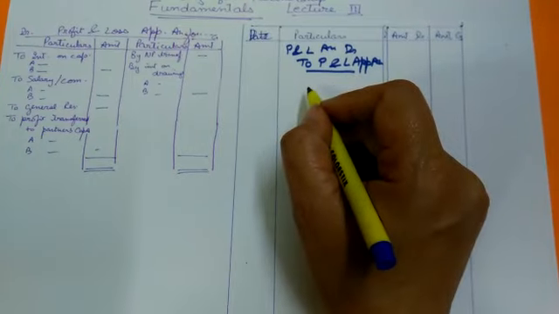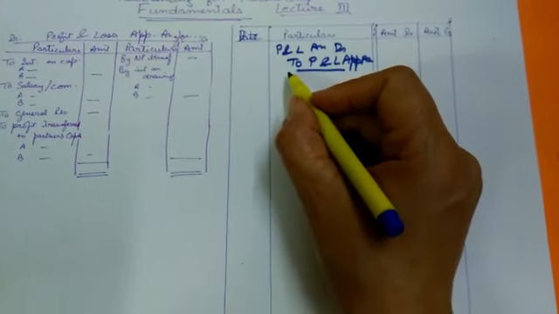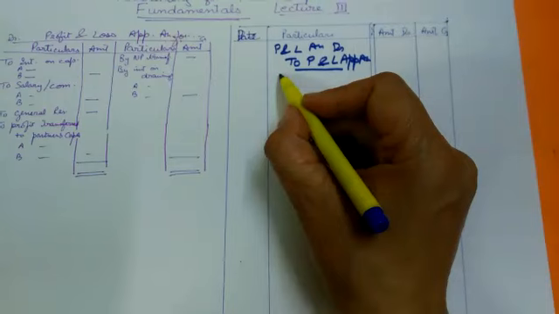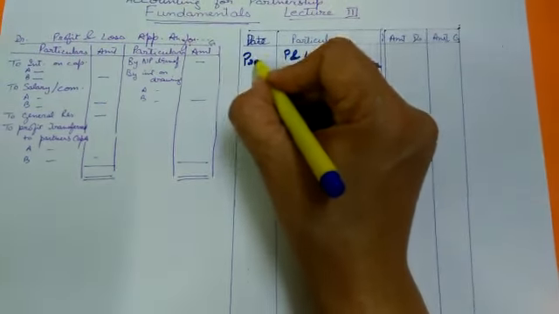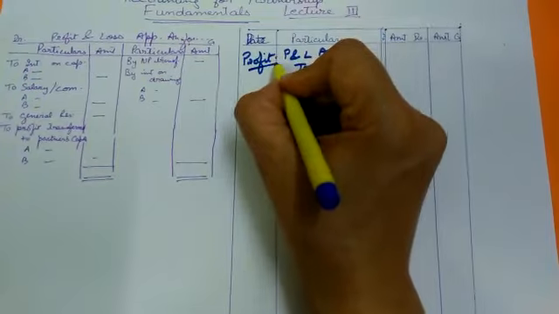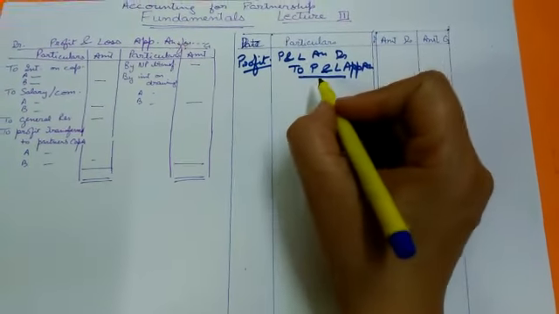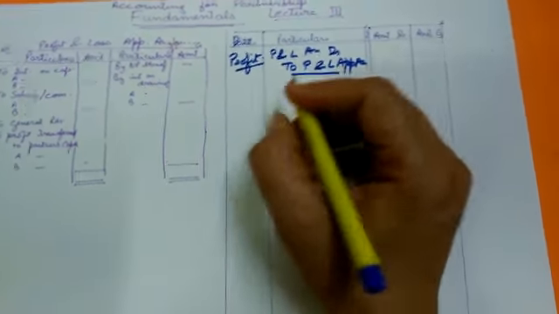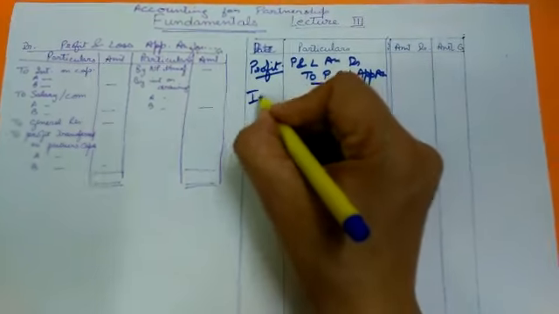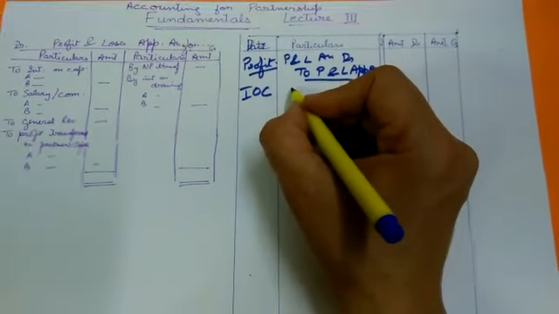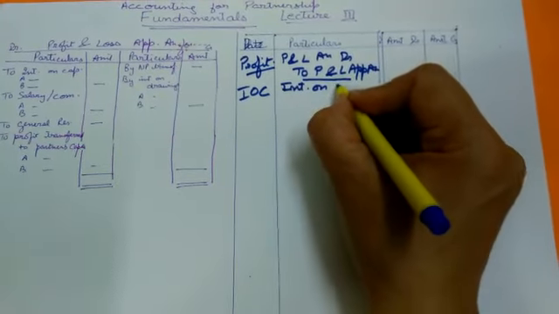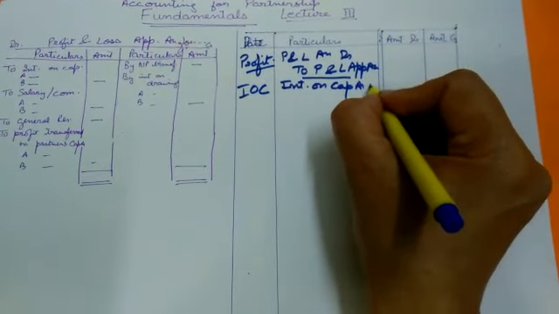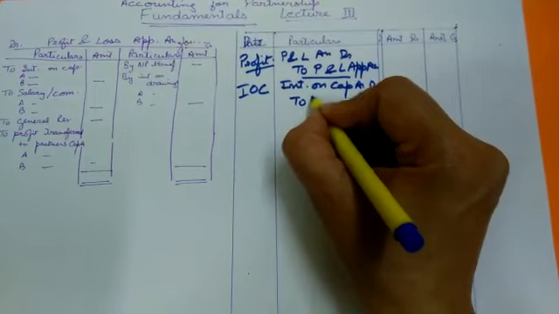Next step is to provide interest on capital. So to give interest on capital, you have two journal entries. This was for profit, so I'm writing profit here, so that you come to know this journal entry was passed for transferring profit. Next is for interest on capital. So the journal entry will be interest on capital account debited to partners capital account.